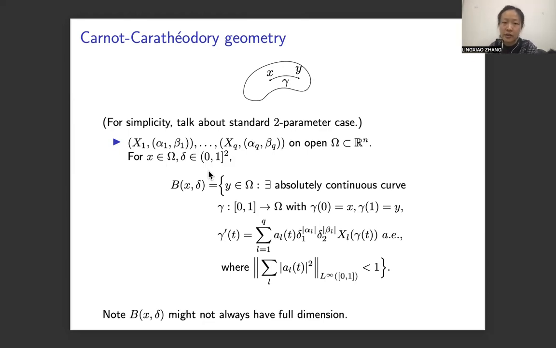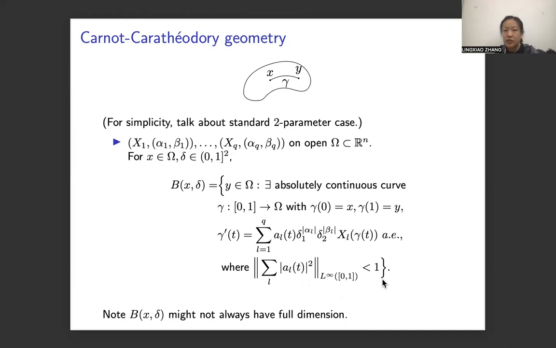And the Carnot-Carathéodory ball with center x and radius delta is defined as the set consisting of every point y in the domain omega which can be reached, starting from x, within unit time with velocity spanned by these dilated vector fields. And the coefficients under a certain norm should be bounded by 1.